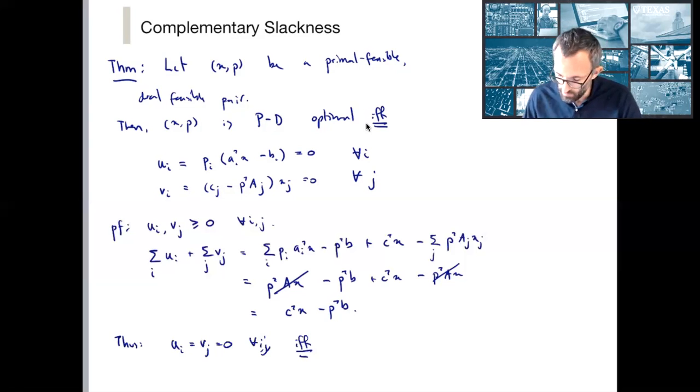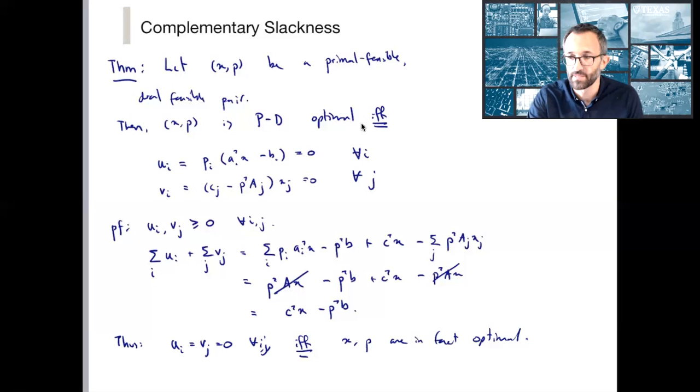In other words, if and only if x and p are in fact optimal. So this is the proof of complementary slackness. It's an important property which we're going to make great use of in future lectures. We're going to stop now and continue in the next lecture with duality of the simplex method.